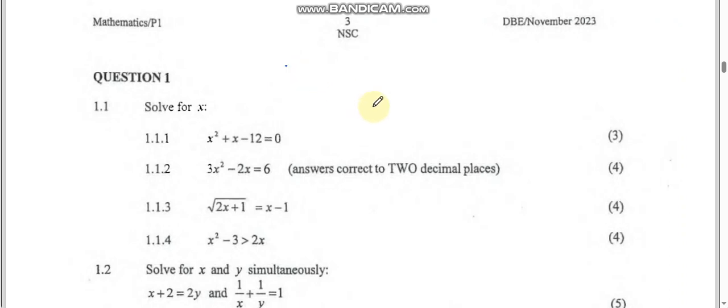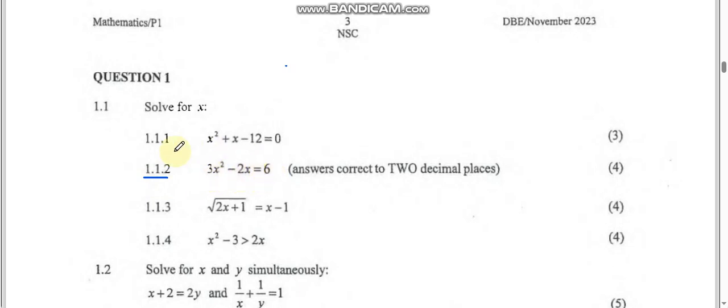We are back again, continuing with this question paper of Math Paper 1 from November 2023. It's a recent paper that grade 12 have written, and we are now doing 1.1.2. The question says x squared minus 2x equals 6.